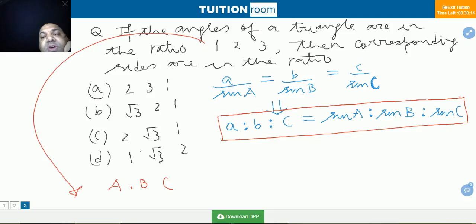What will we do? Let this be x, this 2x, this 3x. Now x plus 2x plus 3x.